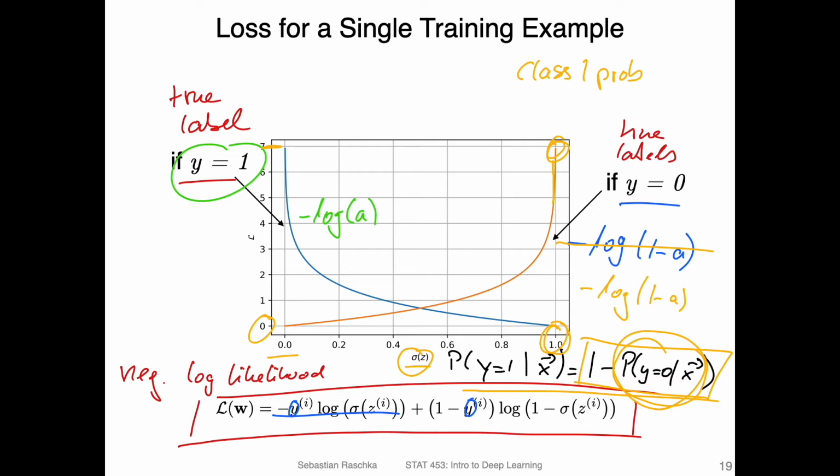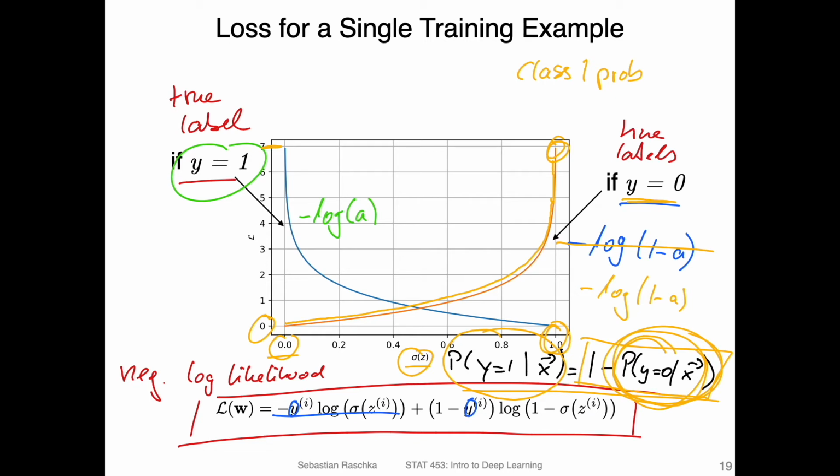So the closer I get to a low probability that the class label is 1, the smaller the loss, because a low probability for class 1 means a high probability for class 0, which is what we want.